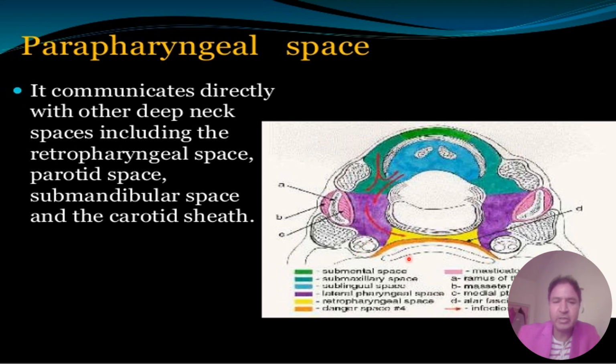So the parapharyngeal space, or lateral pharyngeal space, is on the lateral side of the pharynx. The retropharyngeal space is at the back of the pharynx, and these two spaces communicate. The parapharyngeal space also communicates with the carotid sheath, the submandibular space, sublingual space, retropharyngeal space, and parotid space.